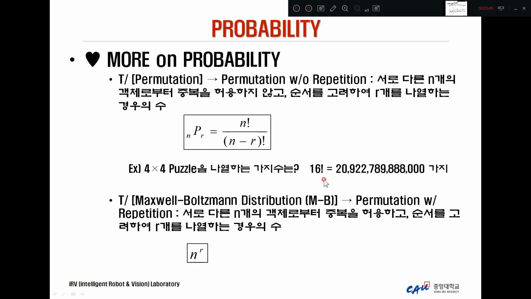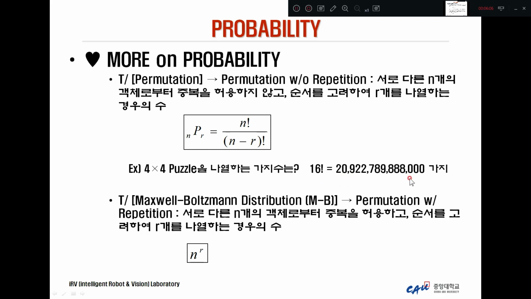So the number of that 4 by 4 puzzle arrangements is 16 factorial, which is a huge number, 20922789888000.